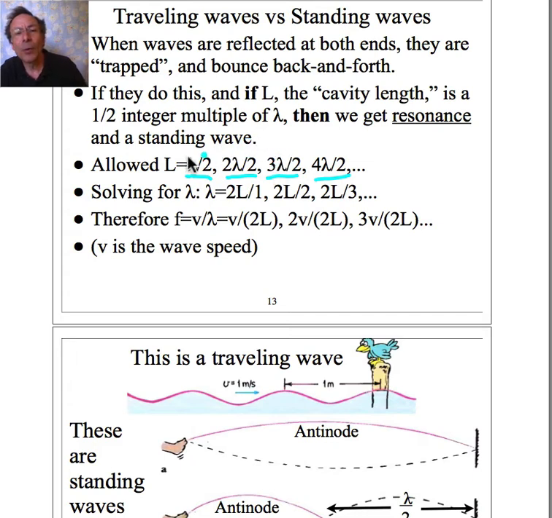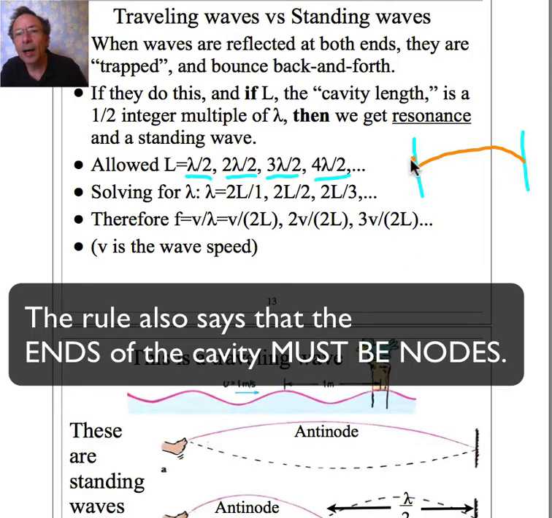One way to remember this is that you could have one antinode in there, and this is half of a wave. You could have 2 antinodes, right? Here's an antinode and another antinode. You could have 3 antinodes, and so on. So to fit an antinode in there, you need to fit half of a wave in there.